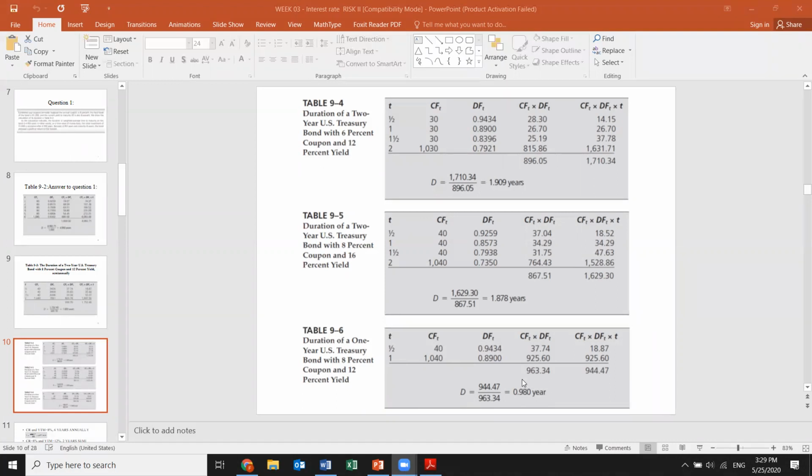When the maturity on the bond is reduced from 2 years to 1 year, the duration of that bond falls to 0.98 year. So the shorter the maturity on the bond, the more quickly the initial investment that you have incurred as a cost will be recovered.